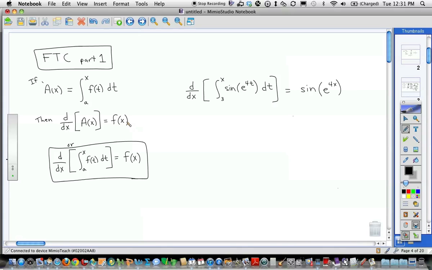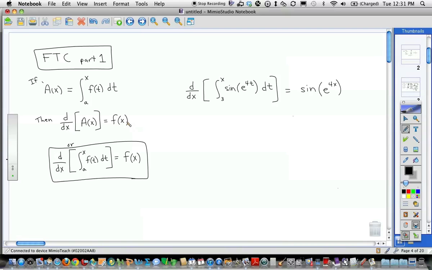But this is like a little f. The area function makes it the antiderivative, and then we do the derivative of it. Well, the derivative and the antiderivative cancel each other out. You just get this. But you have to put it in terms of x. If you would have written this e to the 4t right here, you're going to get it wrong on the quiz. The key is that what's inside the bracket is a function of x because of that x right there.